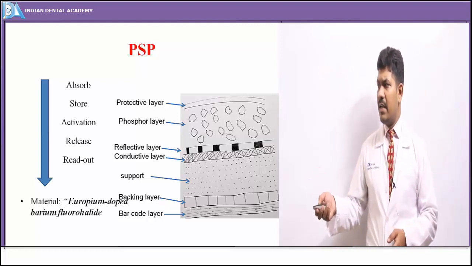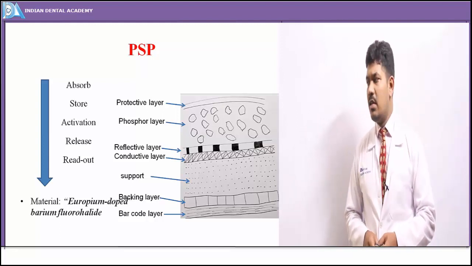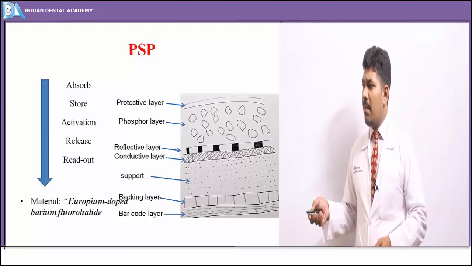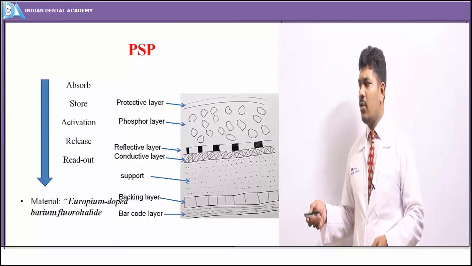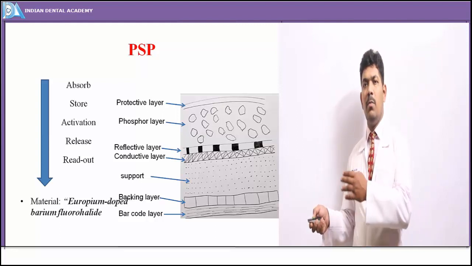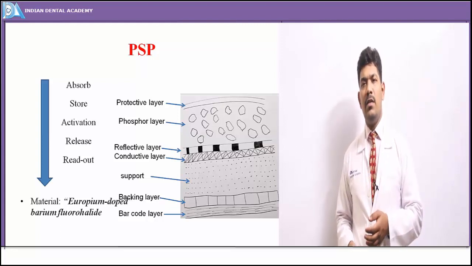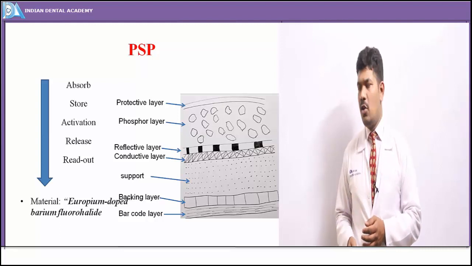Now this is a schematic representation of the PSP, photostimulable phosphor, sensors. It has a protective barrier for infection control. The main phosphor layer, which has the property of phosphorescence, is your europium doped barium fluorohalide, and then the reflective layer and the conductive layer, both used for increasing image sharpness and minimizing image loss.